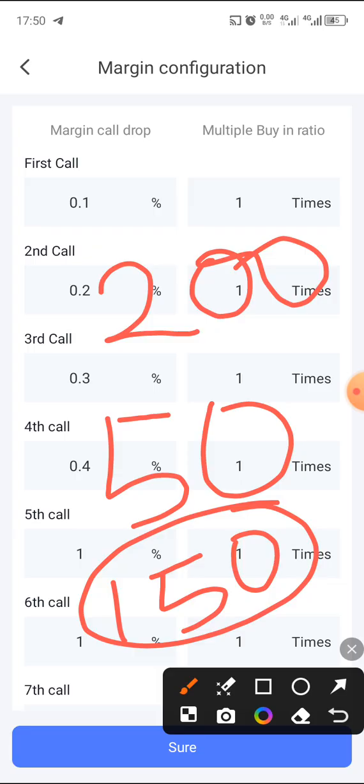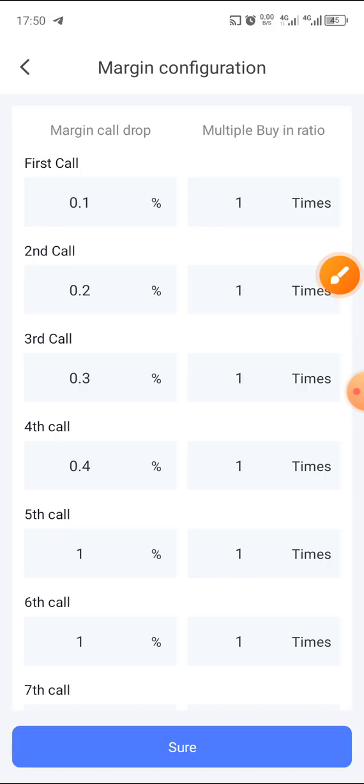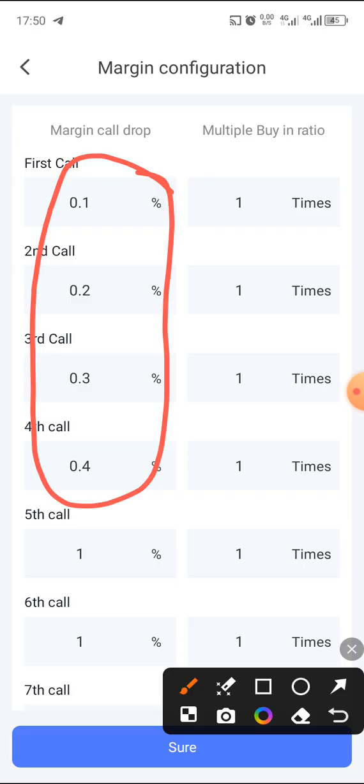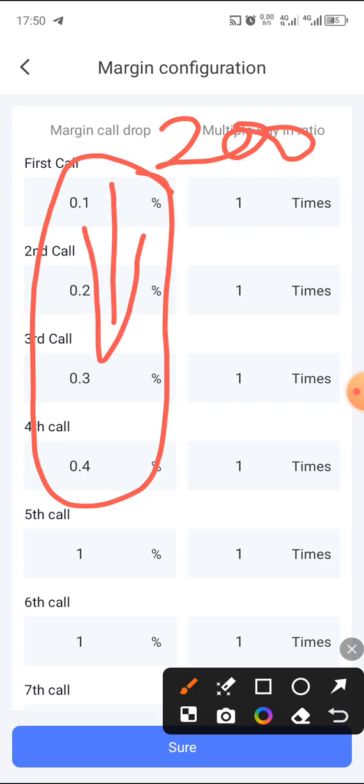Our goal is to make sure that within these 4 first margin calls, remember, they are sold at once. So our goal is to make sure that on our $200 capital, at least 100 goes in these 4 margin calls plus the first buy.